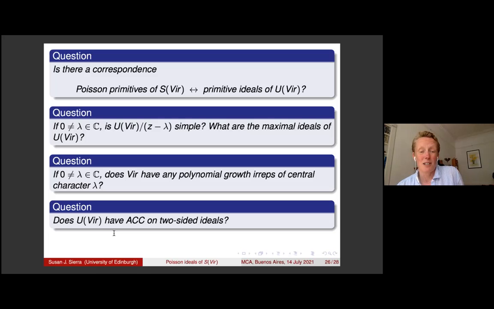Is U of Vir factored by Z minus lambda simple, where lambda is not zero? Does the enveloping algebra of Virasoro have ACC on two-sided ideals? These are all good questions, but I can't answer any of them at this point, even though I know a great deal about the symmetric algebra.